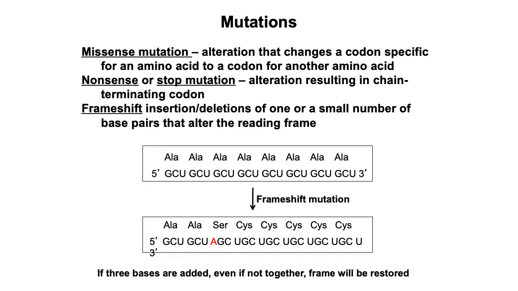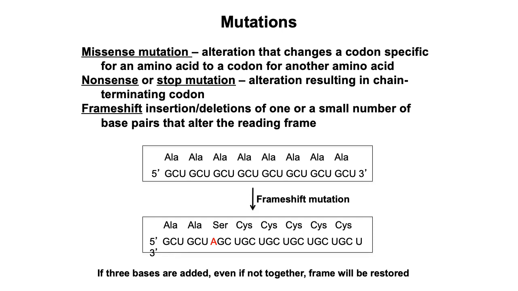So based on that, there are 3 different types of mutations you can have in DNA. The first 2 actually have to do with how tRNA works, so we're going to get into that later in this lecture.